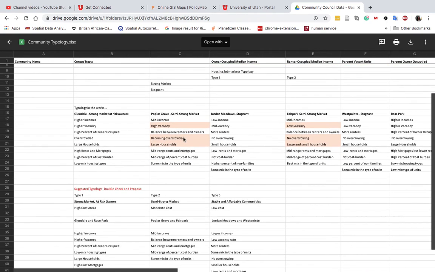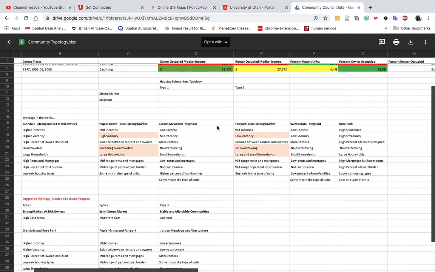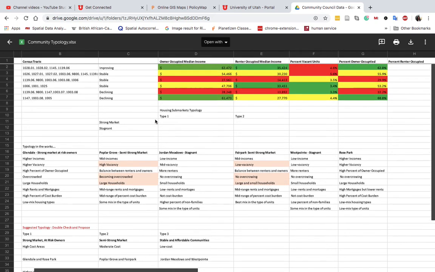And then based on these, I saw what was happening in each neighborhood by creating a summary based on whether it is high, medium, or low. Maybe that's the best way to describe it. So here we have owner occupied median income.